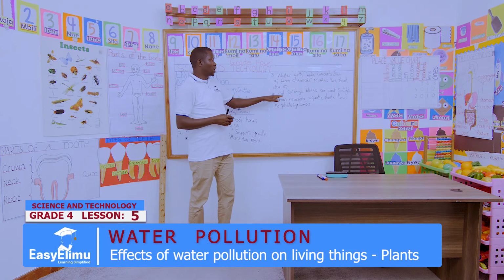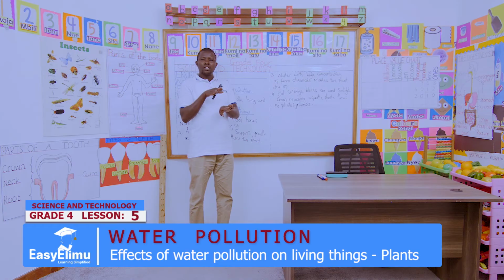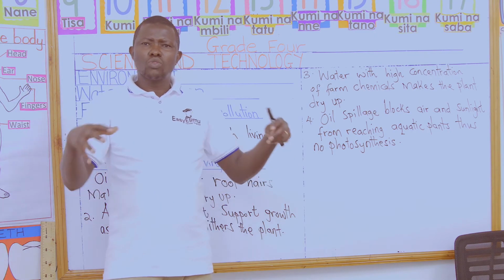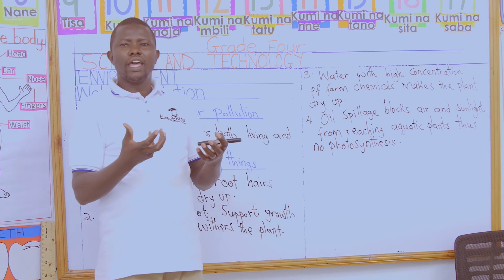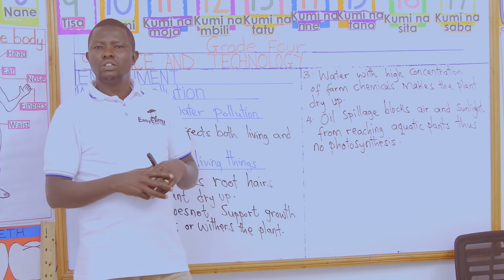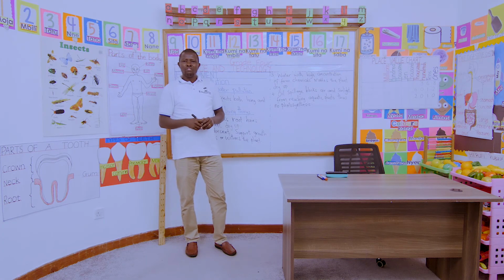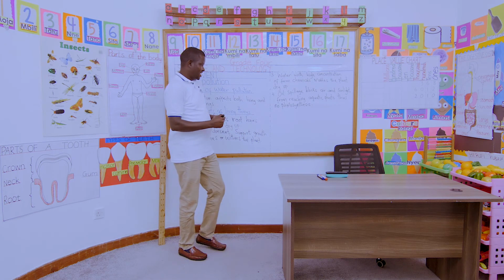So once the oil spillage has taken place, it will block air and sunlight from entering into water. We have plants like water lilies which grow in water. They will need the sunlight and the air to make food. So in this case, there will be no photosynthesis. That was the discussion that we have made from our groups in class.